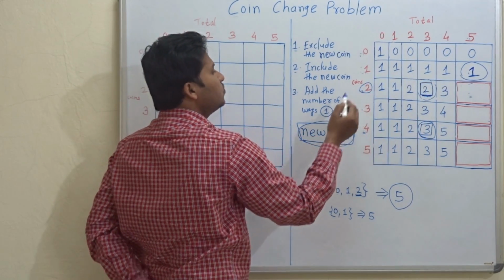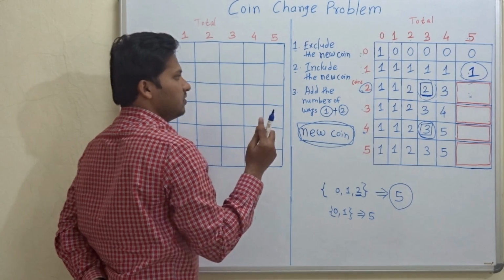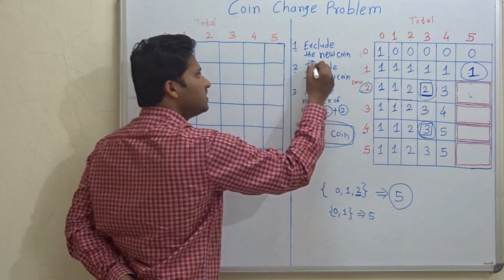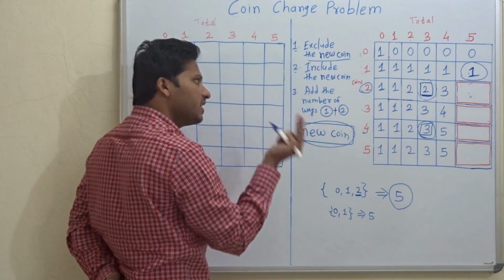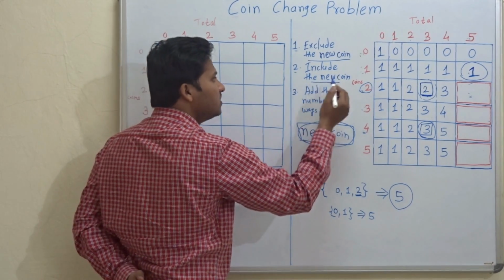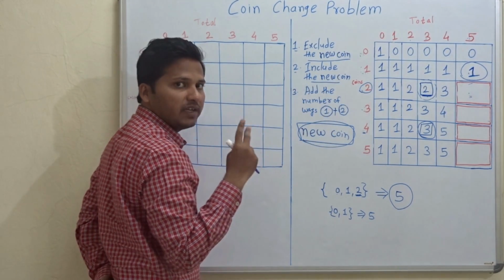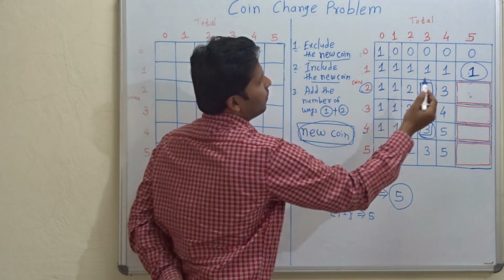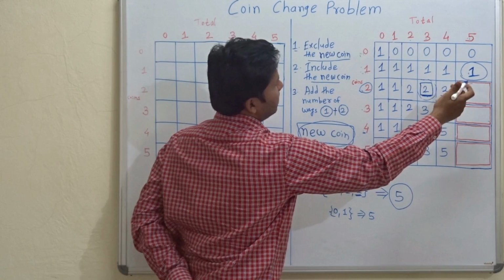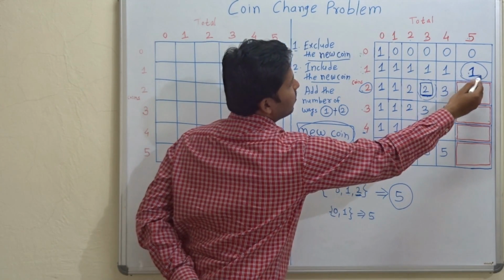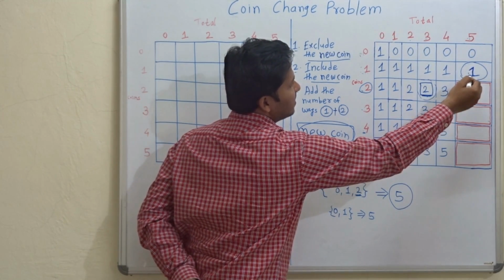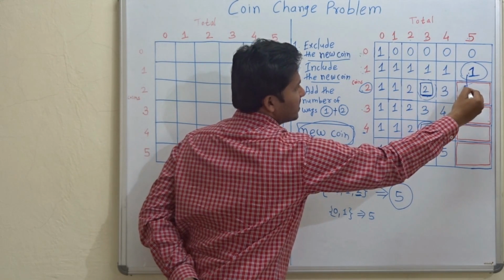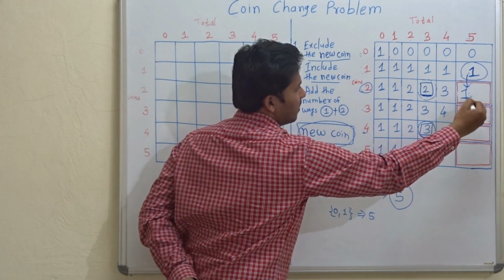So for this new coin, first we have to exclude it. And in the second step, we have to include this new coin and find the number of ways. Let's see how to do this. When we exclude the new coin, obviously the number of ways is present in the above cell, so we just copy that here.